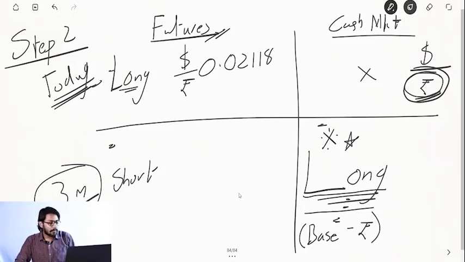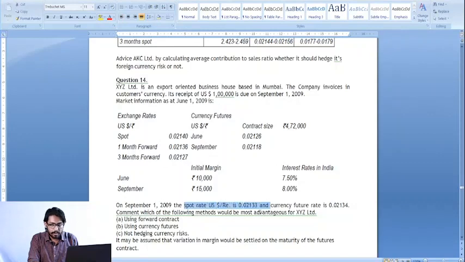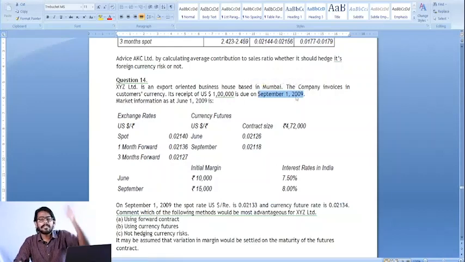After 3 months, what is the price of futures? It's given in the question. On September 2009, the spot rate is 0.0213, that I know, and the currency future rate is 0.02134 on the expiry day. Guys, there is a small difference. Usually on expiry date, it should be the same. The difference might be because you are still on 1st September and futures expires only in the last week of September.